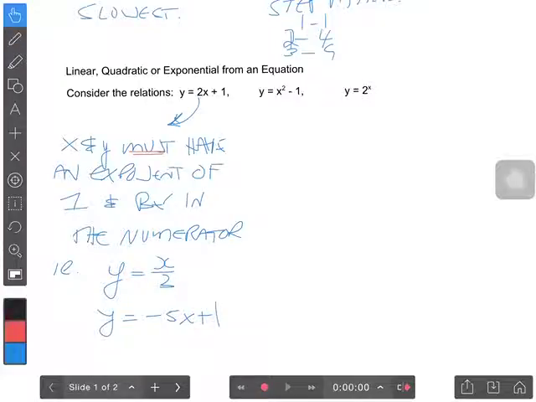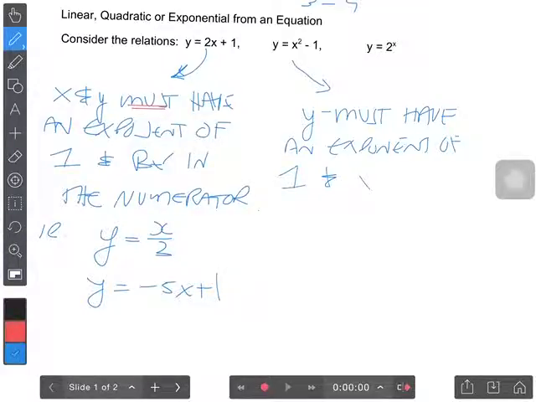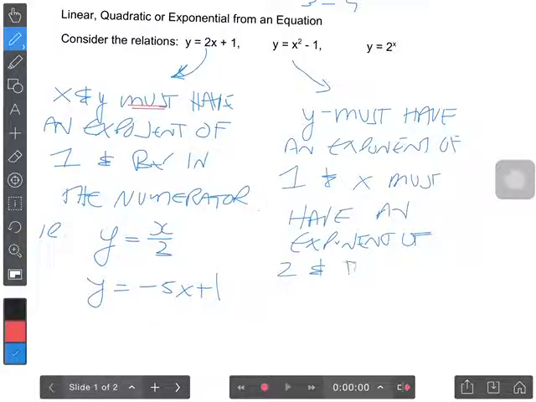All right. As we move on then to our quadratic, let me reword that. So we'll say y must have an exponent of 1 and x must have an exponent of 2, and be in the numerator.